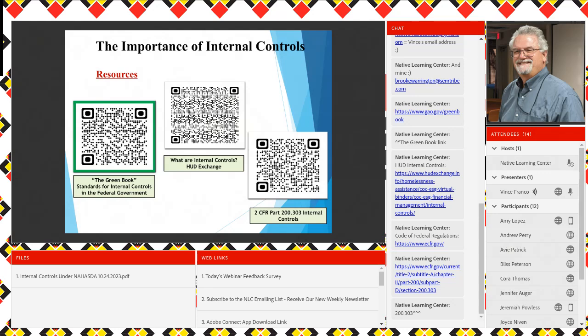And even more importantly, that those regulations fit your program. That's the interpretation part: taking these nebulous, open-ended regulations like 2 CFR Part 200 internal controls and making them fit your organization. That's the important thing.